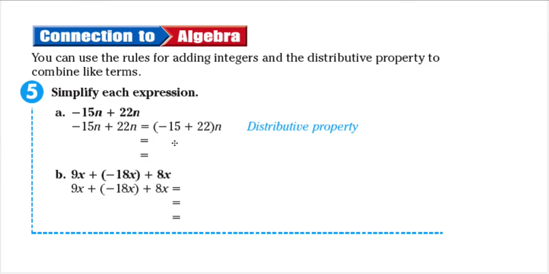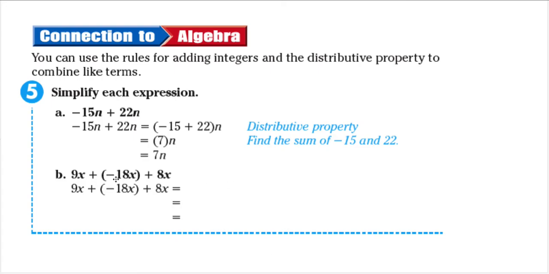Using our rules for adding integers, we have a negative and a positive. If you have two integers with different signs, subtract their absolute values. Negative 15 plus 22 is 7, and you end up with 7n.